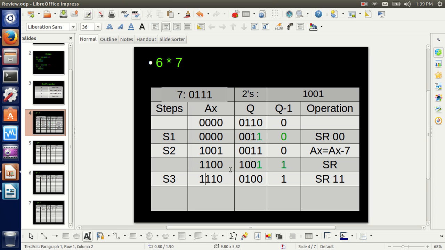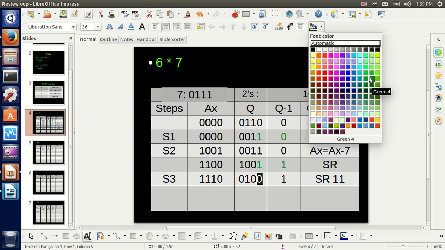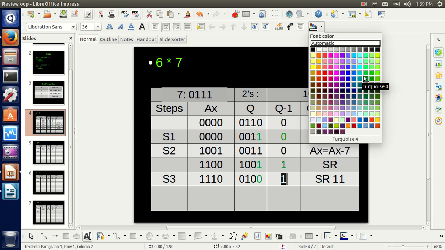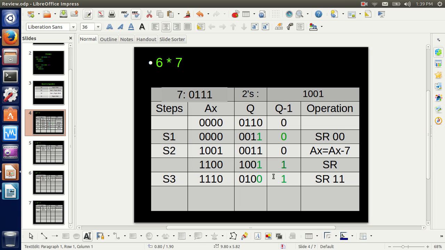So now what do we have? We have 0 and 1. I said, well, I look at it as positive. So what will I do?